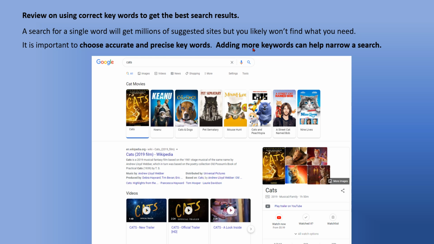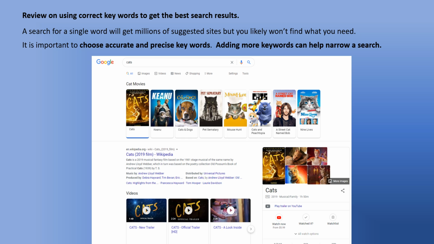Adding more keywords can help narrow a search. And keywords are the words that you type in the Google search engine to help you get appropriate information. So you can see what happened when I just typed in cats. I really didn't get any information that was pertinent to cats as pets in an apartment.